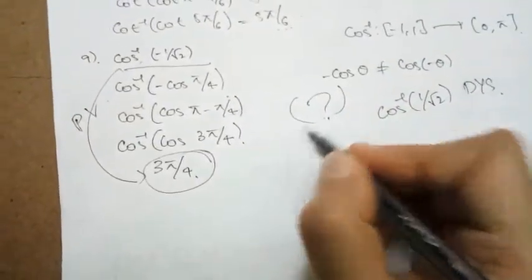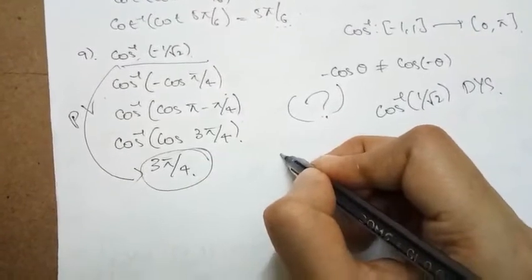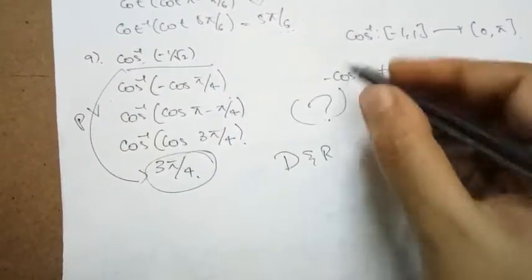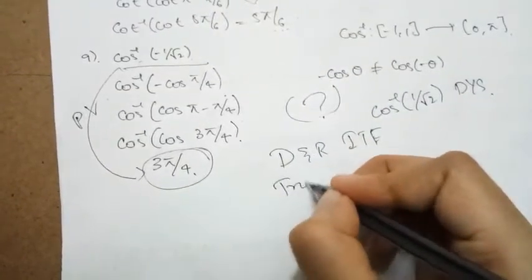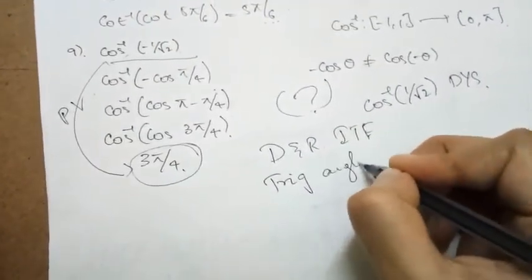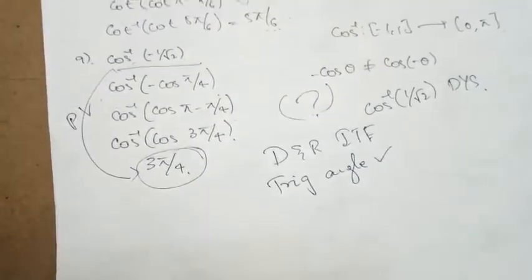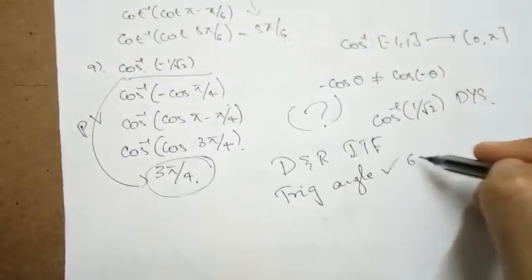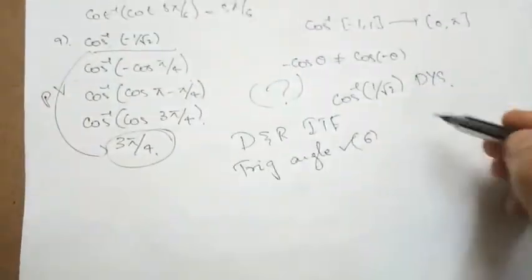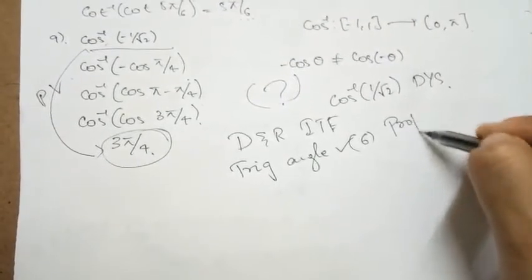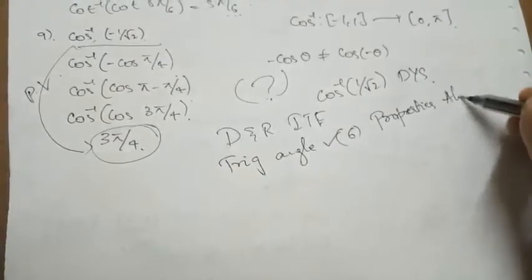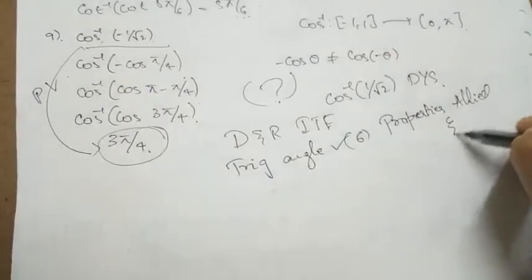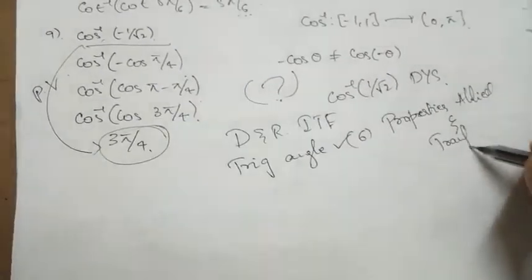In this problem, one thing you must be perfect in is the domain and range of inverse trigonometric functions, and the trigonometric angles of all the 6 trigonometric ratios, and after that the properties of allied angles and transformation angles.